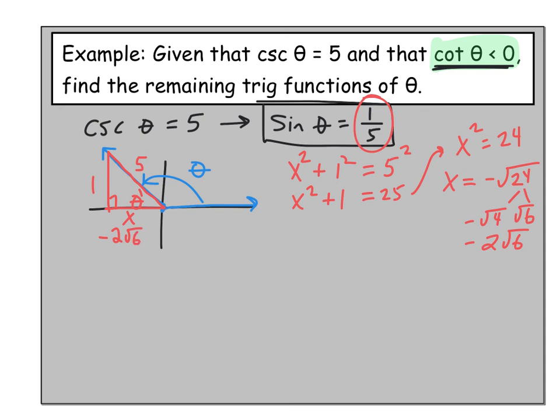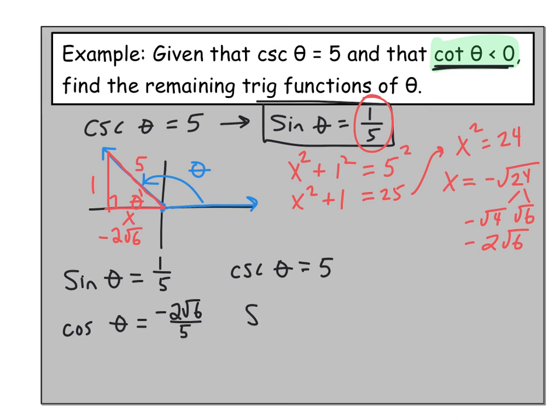Now that we know all the side lengths in the triangle, we can go ahead and get the other ratios. Just to list all 6, sine theta we knew was 1/5. They originally gave us cosecant theta equaled 5. Cosine of theta, adjacent over hypotenuse, is going to be negative 2 root 6 over 5. That means that secant is its reciprocal.